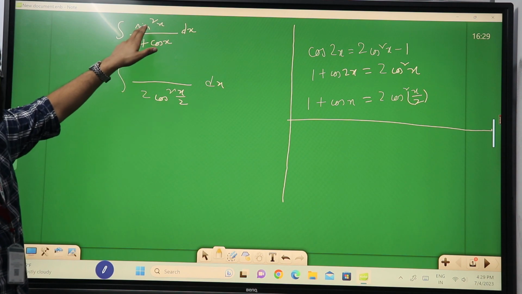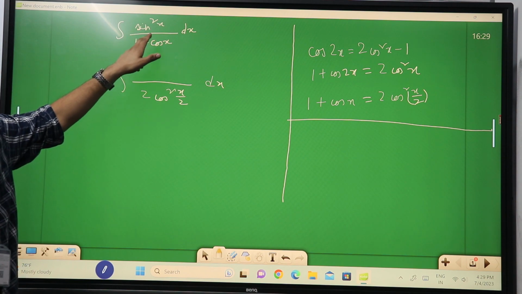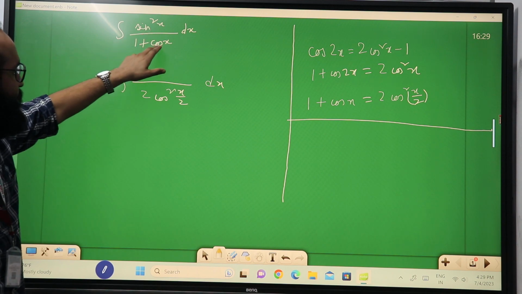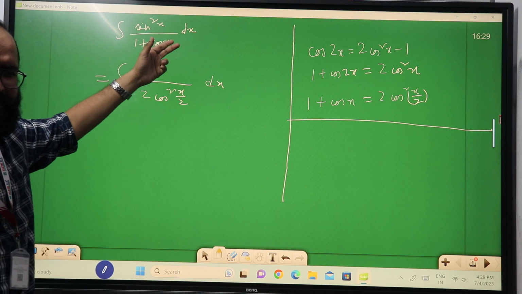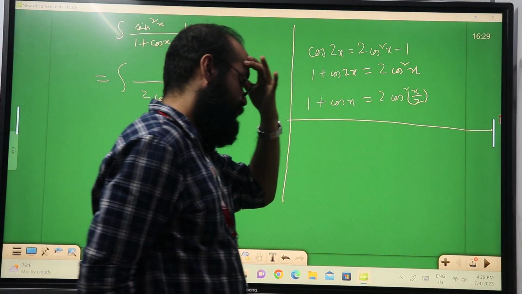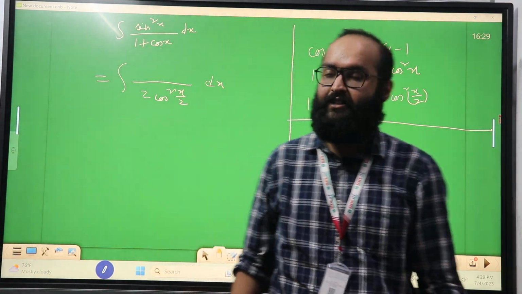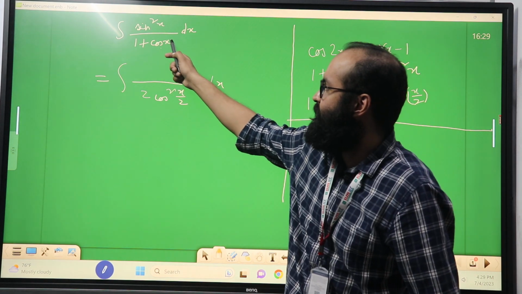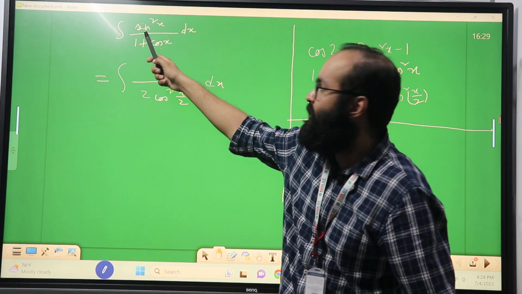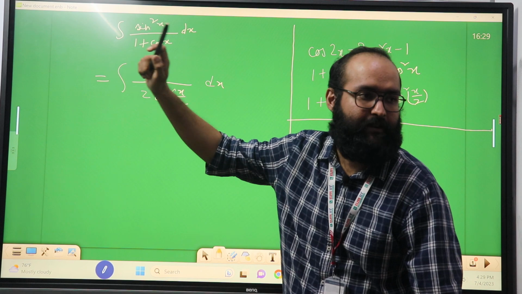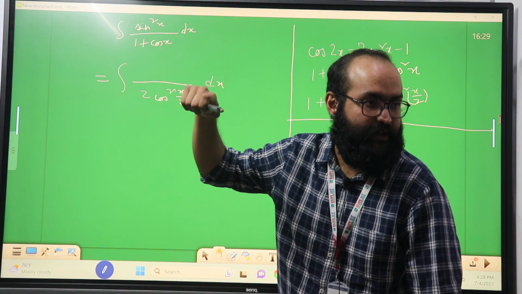So sin square x, how can we change it to submultiple angle? Here cos x we consider it as cos 2x, isn't it? Here the cos x we change it to submultiple by taking, say, this is cos 2x. Similarly, how can you change sin square x to submultiple? By taking the formula for sin 2x.